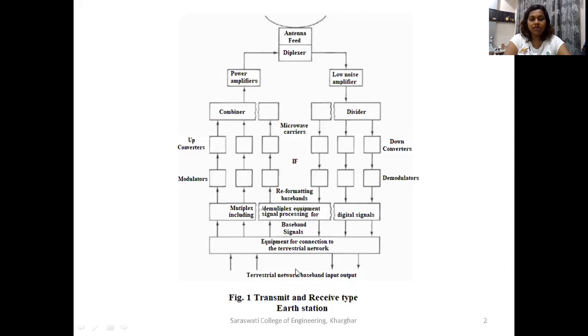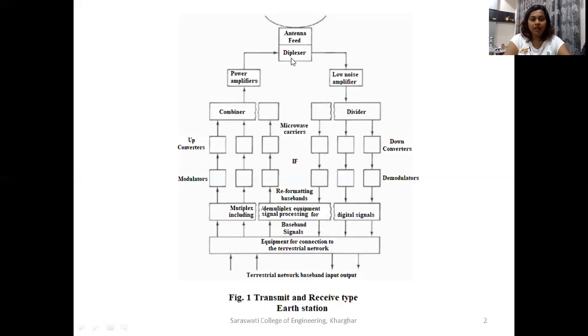Moreover, the signals coming from this equipment are multiplexed using a suitable multiplexing technique. Suitable means we can use TDMA, FDMA or CDMA multiplexing techniques, and according to these techniques, the signals are reformed, which is carried out by this multiplexing block.